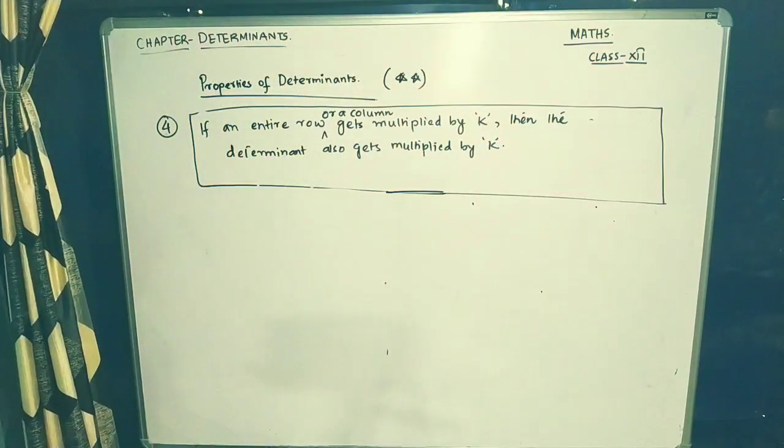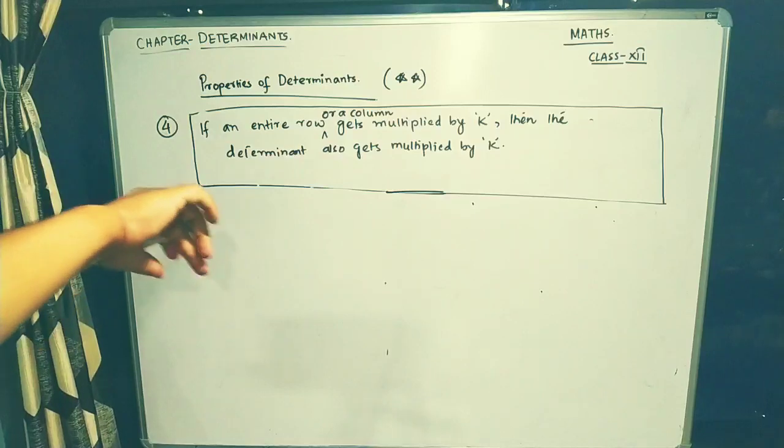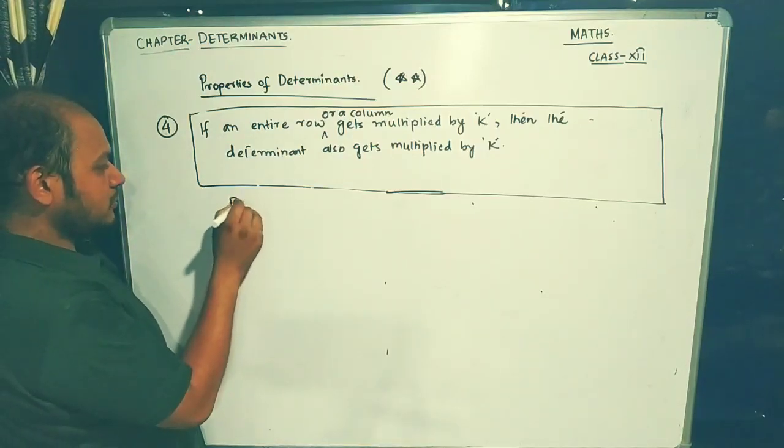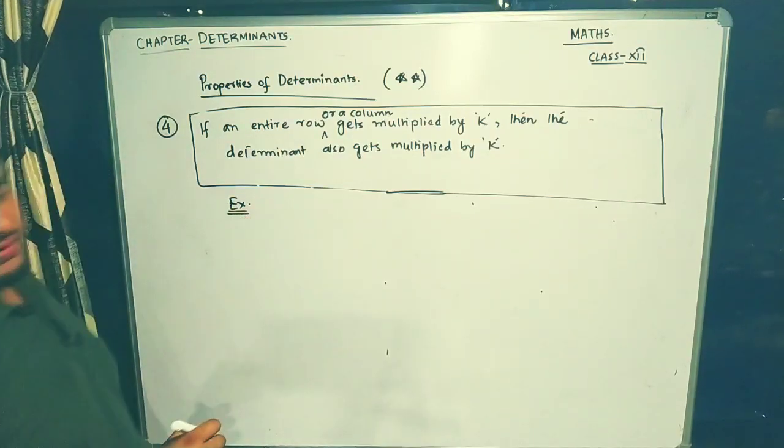So it is clearly telling you something, right? If I give an example of this, you will understand this property very easily.